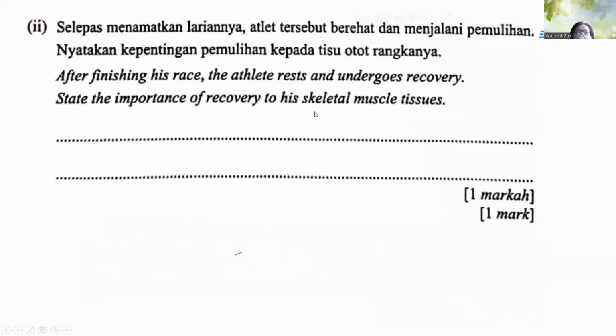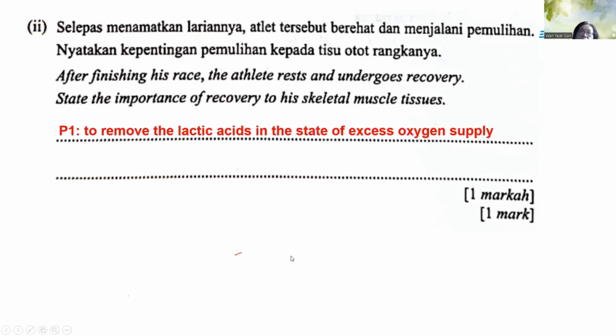After finishing his race, the athlete rests and undergoes recovery. State the importance of recovery to his skeletal muscle tissue. Now, why does the man have to recover? The reason is lactic acid has to be removed. When the person is at rest, the accumulated lactic acid has to be oxidized so that the muscle can recover.